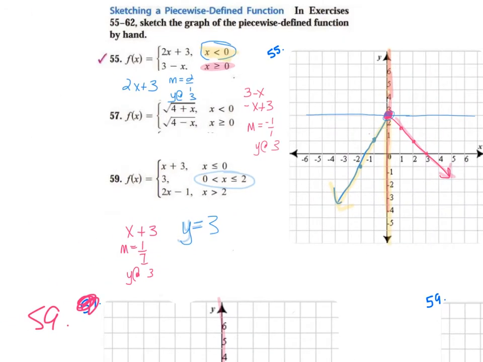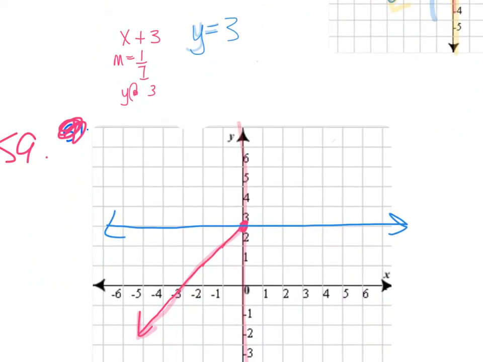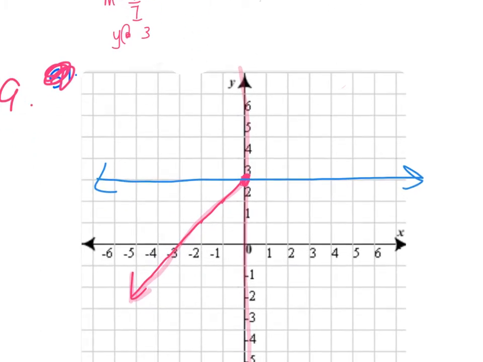Between 0 and 2. That's all I care about. Between 0 and 2 on the x-axis. Do you agree that those two parallel lines are 0 and 2, your parameters? So I want everything in the middle here. What do I do with everything else? I erase it. I just want that piece of that line.